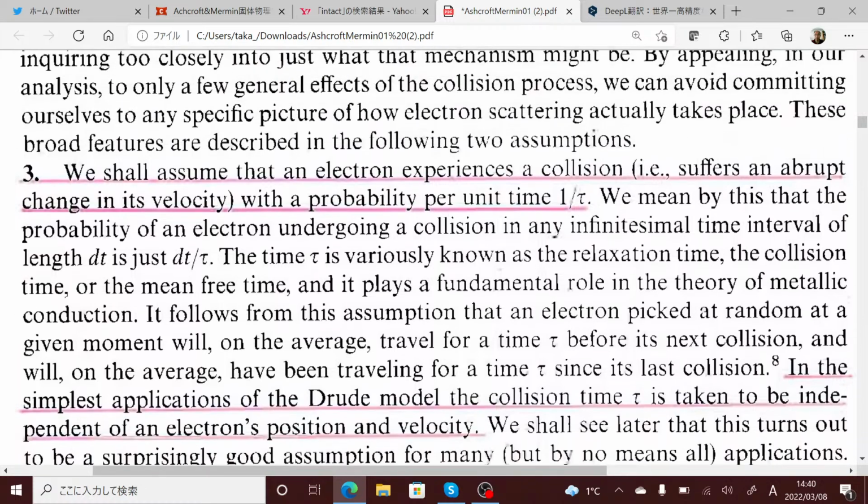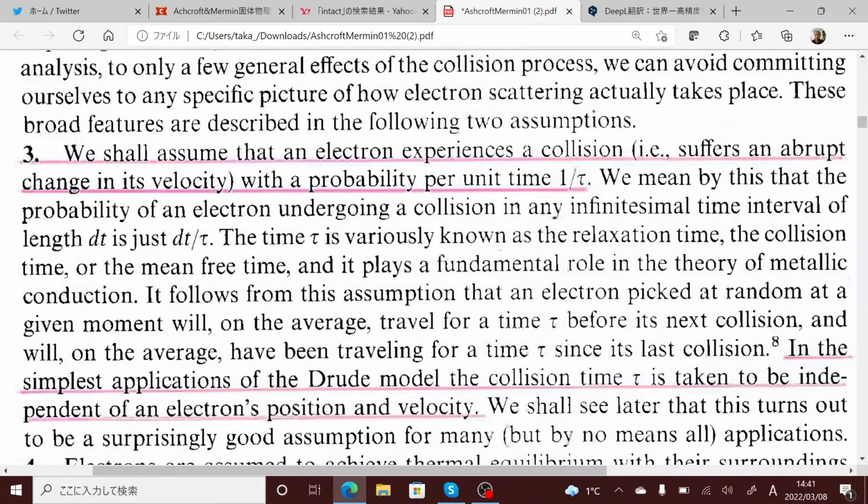Okay, number 3. We shall assume that an electron experiences a collision, i.e. suffers an abrupt change in its velocity, with a probability per unit time 1 over tau.